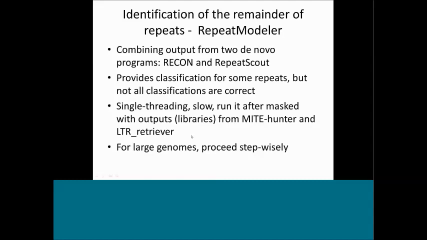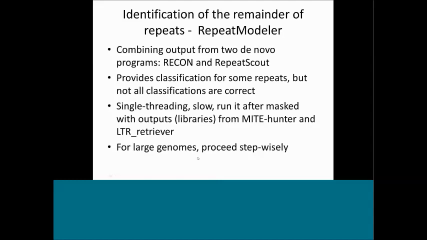Then you use the MITEs and LTRs to mask your genome. After masking these two classes of elements, your unmasked genome size will become much smaller. In this case, it is possible to run RepeatModeler.